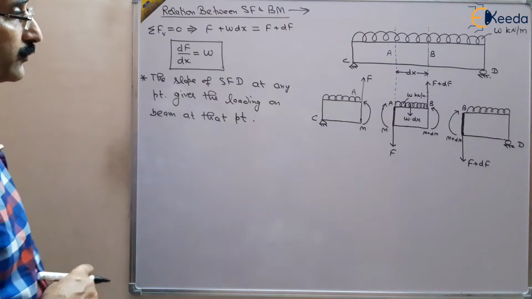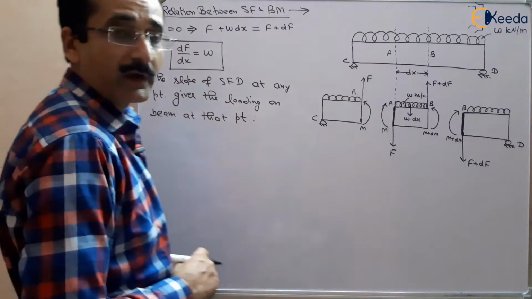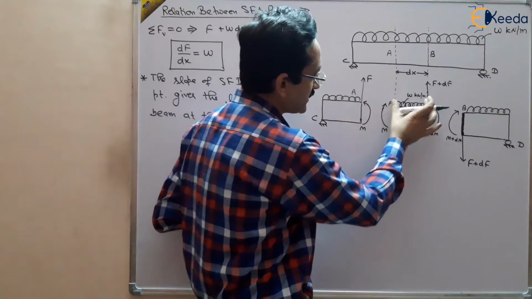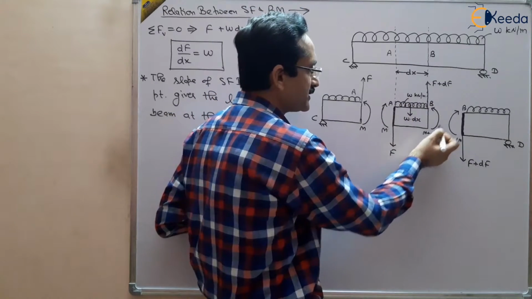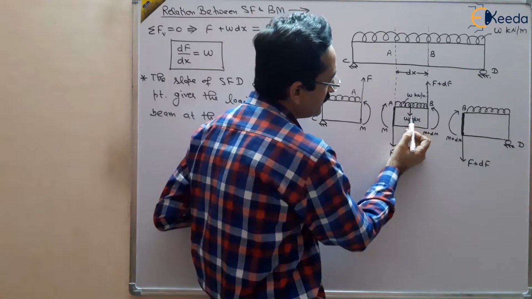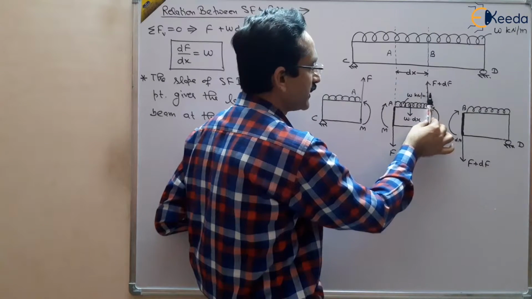Now we want to find out the relation between shear force and bending moment. What are the moments here in this small section dx? There is a clockwise couple M at A, there is M plus dM moment here at B, and there is the load w dx acting on the cross section like this, right?